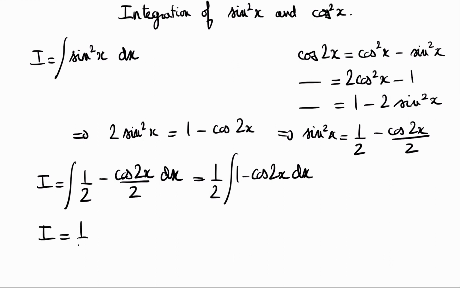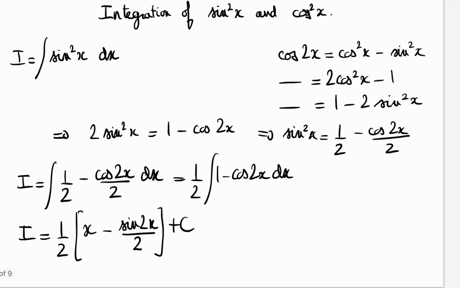So if we integrate that, that's 1/2 of x minus, the primitive of cosine is sine, so sine 2x over 2, plus constant, which is therefore the primitive of sine square x.